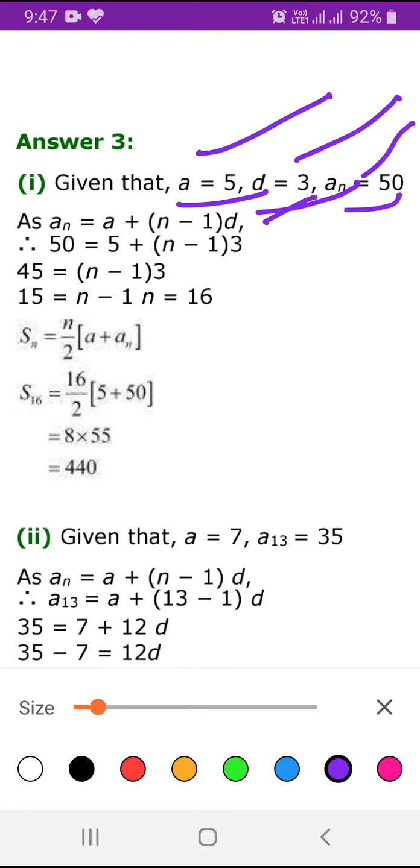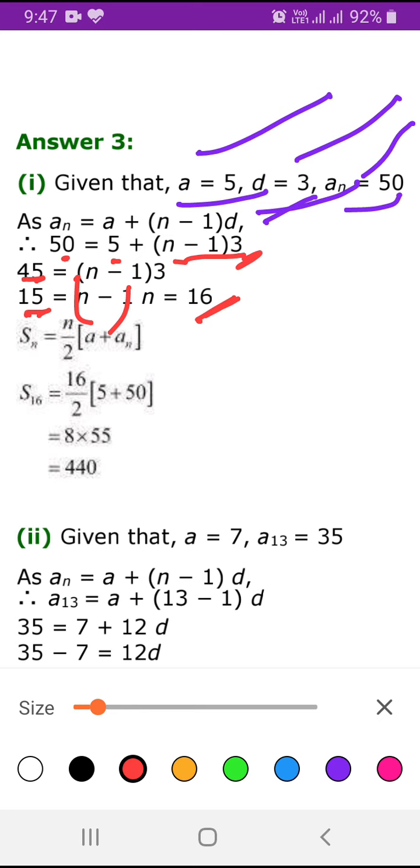Now we have an equal to 50, a equal to 5, and d equal to 3. After solving, subtracting 50 minus 5, we get 45. 45 divided by 3, we get 15, and now n equal to 16.